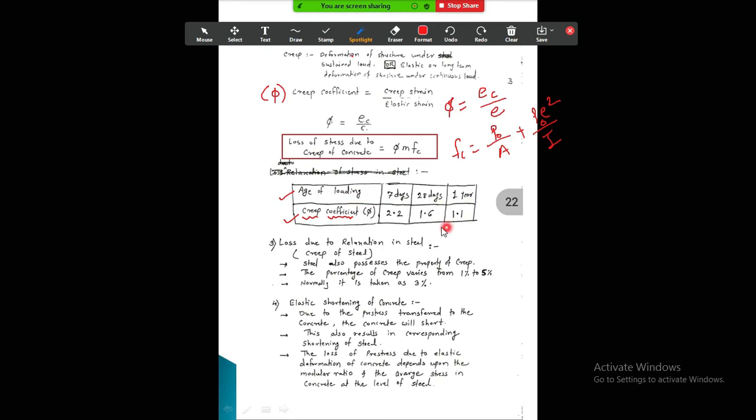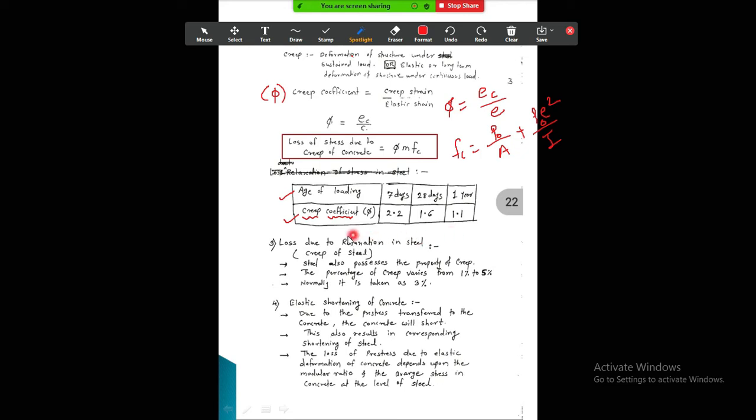Here, for 7 days the creep coefficient is 2.2, for 28 days it is 1.6, and for 1 year it is 1.1. So these are the values of creep coefficient.